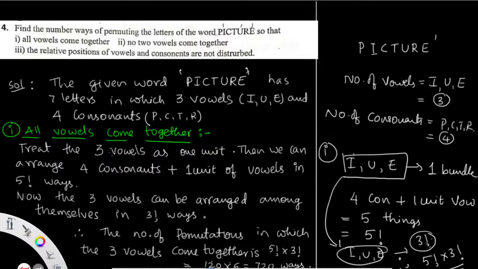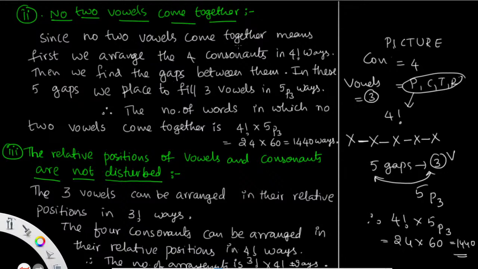Now the bundle can be arranged among themselves in 3 factorial ways. The multiplication rule should be applied: 5 factorial into 3 factorial. That is the first question. Then go to the second. No two vowels come together means first we arrange the 4 consonants in 4 factorial ways.